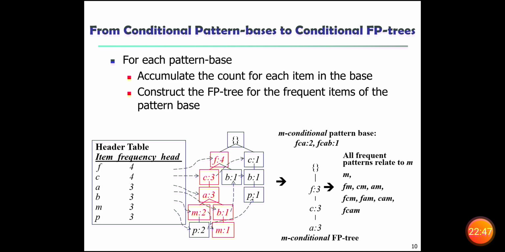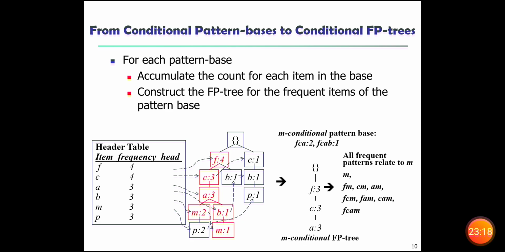On the right side is given the M conditional pattern base, under which FCA has support count 2 and FCAB has support count 1. How will you get it? By considering the tree. From M you can take, other than M, the nodes connected, which is FCA. For FCA, the M support is 2.